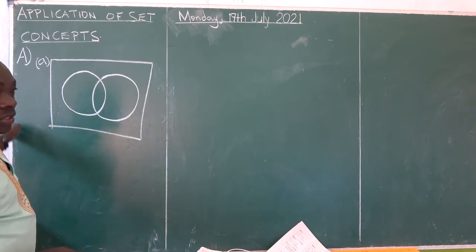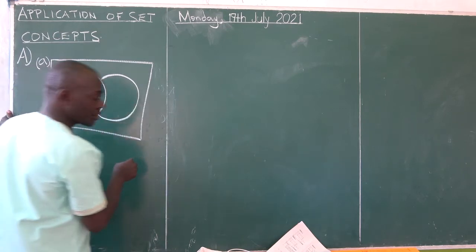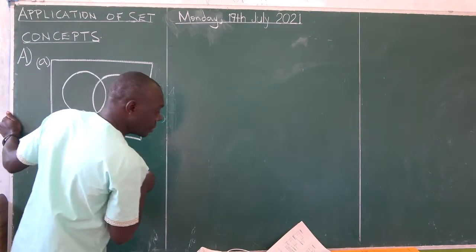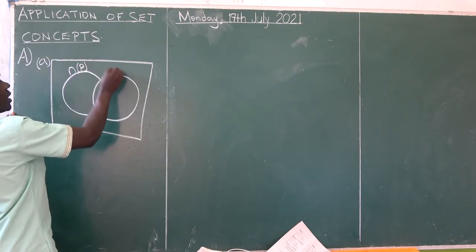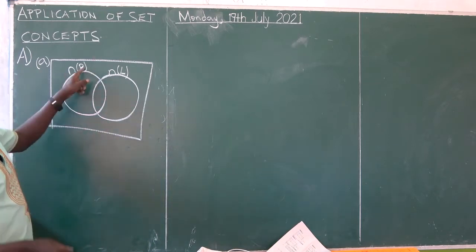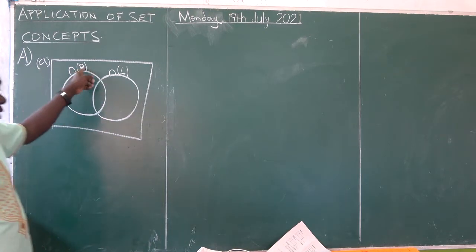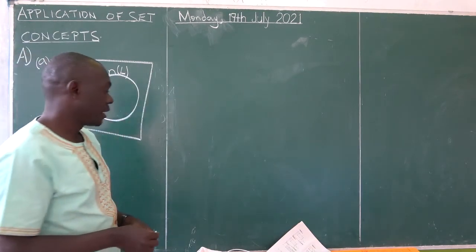Now, name your sets properly. We've got two sets. One is P, the number of elements in set P, and the number of elements in set L. P represents those who have Prado, and L, those who have Lexus.